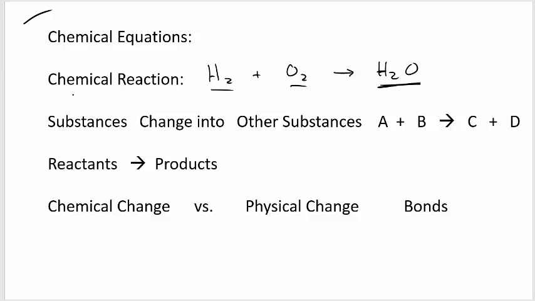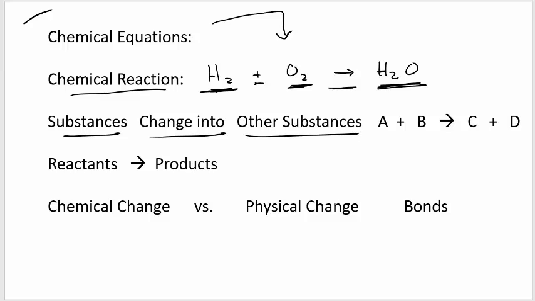So the chemical reaction is the process of that happening. The chemical equation is the letters and numbers that we put on the paper to indicate what's happening. Hydrogen reacts with oxygen to form H2O. So we have substances changing into other substances, and that is what we call a chemical reaction.